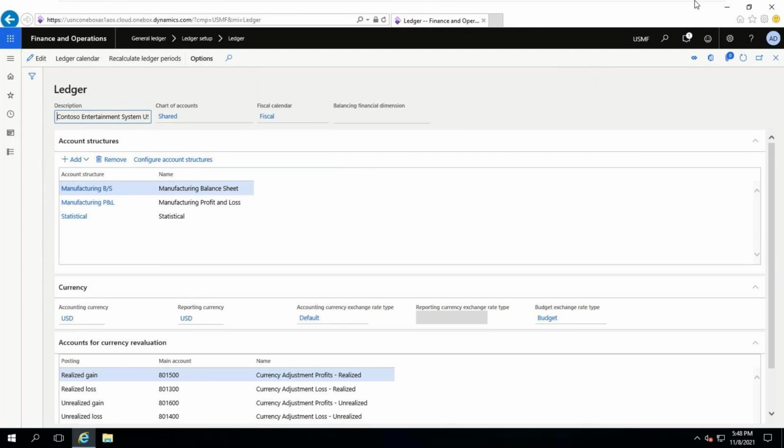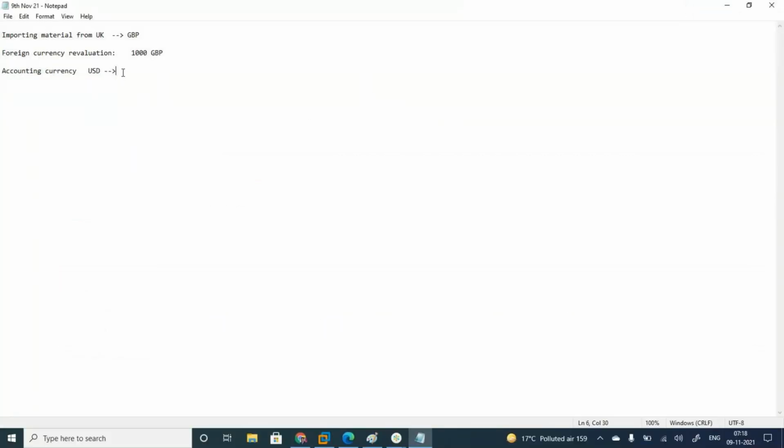Okay, so our company currency is US dollars, but I'm importing material from the UK. It is 1000 GBP. Today the exchange rate is 1 GBP equal to 1.20 US dollars.